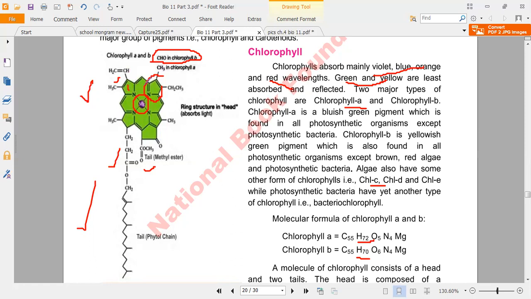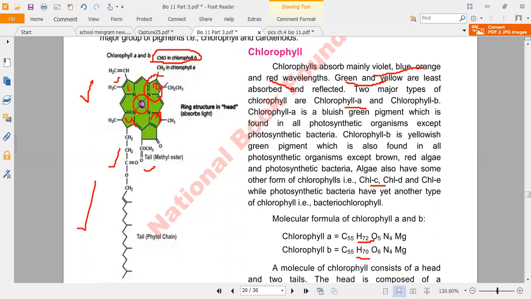This is number one, this is number two, this is number three, and this is number four. So four pyrrole rings are present. A pyrrole ring has four carbons in the ring, and the fifth atom is nitrogen, and all these four nitrogens are attached to the magnesium.